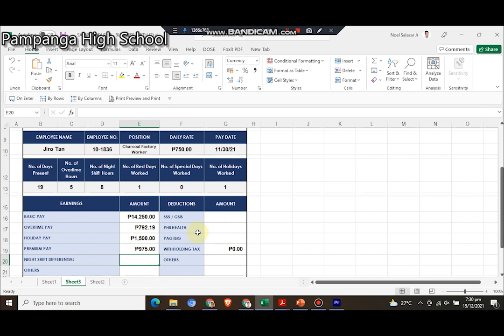For the computation of night shift differential pay, you should also identify first how much is the rate per hour by dividing the daily rate by 8 hours.